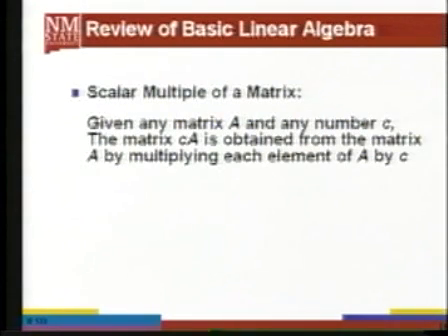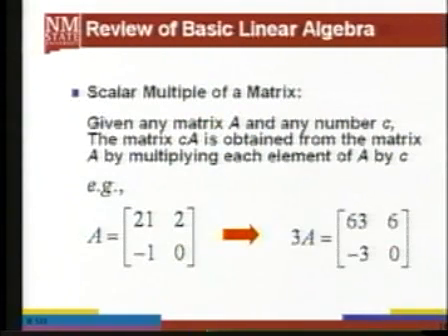Given any matrix A and any number C, which is sometimes referred to as a scalar, the matrix C times A, CA, is obtained by multiplying each element of A by C. So for example, if A is a 2 by 2 matrix like this, then 3 times A becomes this.